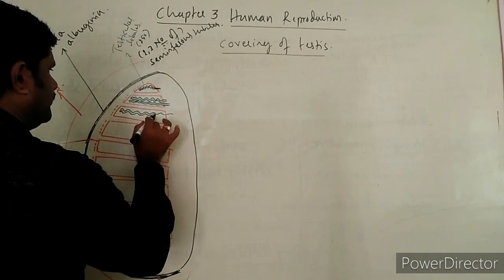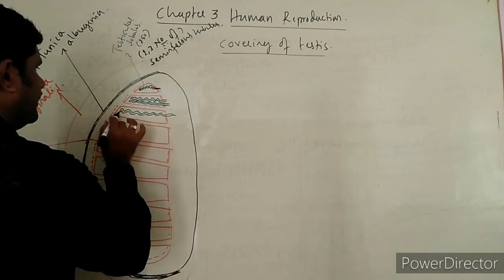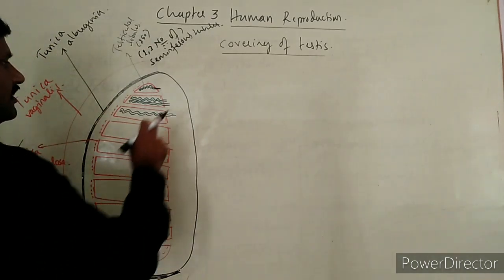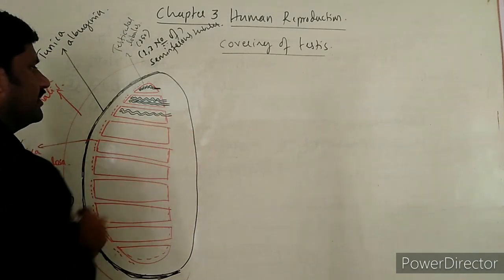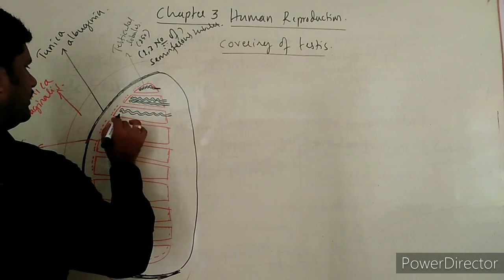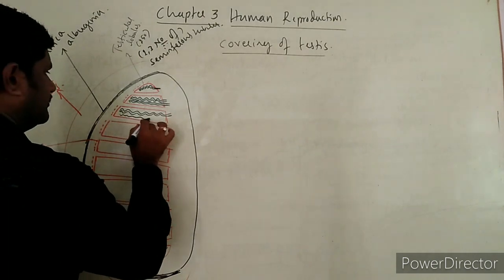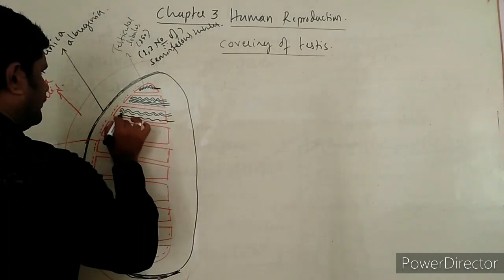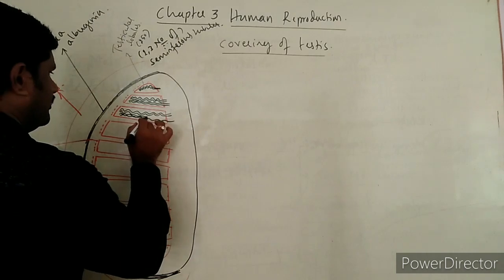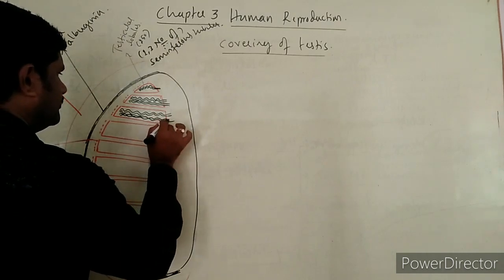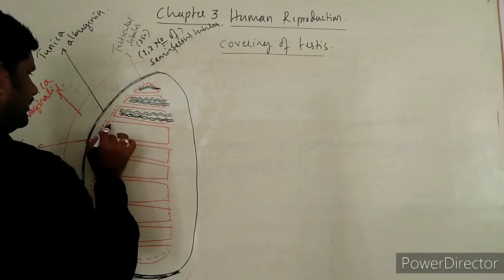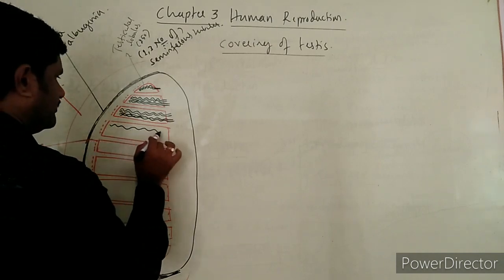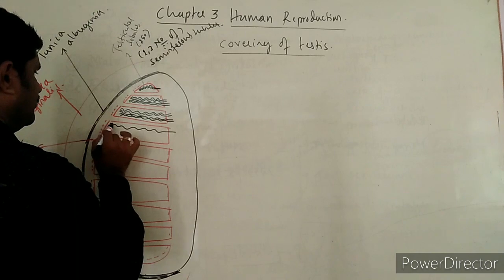The seminiferous tubule closes on one end, and on the other end it makes a narrow elongated tubule. So about 1 to 3 seminiferous tubules are present in each lobule.